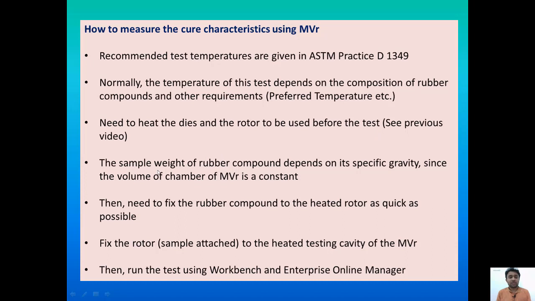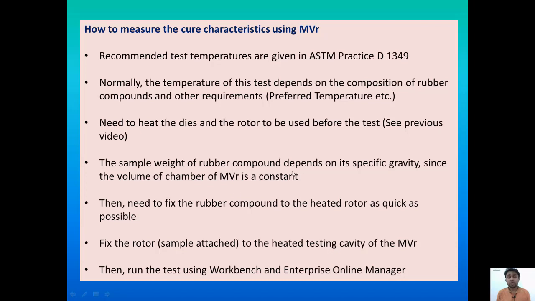Then we have to weigh the required sample, and that compound sample has to be fixed to the rotor. It may be a large rotor or a small rotor, but normally we use the large rotor. It should be done as quickly as possible. I cannot say the exact weight because it depends on the specific gravity, since the volume of the testing cavity of the Mooney viscometer is a constant, and the specific gravity is a constant of the rubber compound.